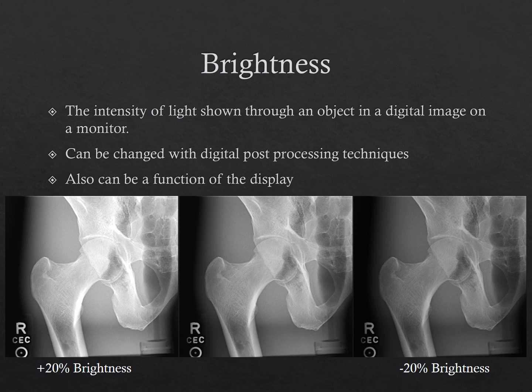I think a lot of times the radiologist will actually change the brightness of the images at their workstation when they're looking at different structures within the image. So changing brightness is not a bad thing. It's actually something that's extremely useful for our radiologists so they can see the different structures in the different lights.